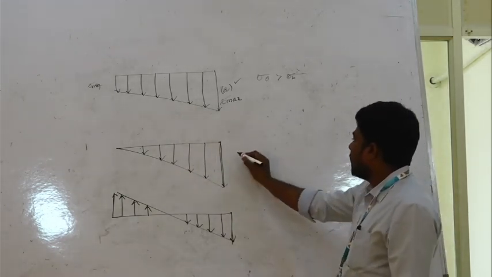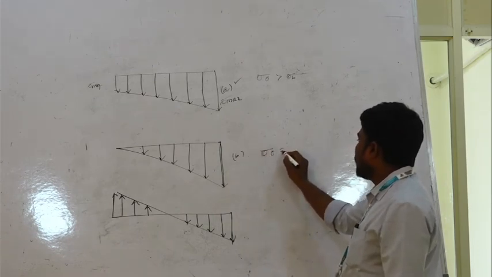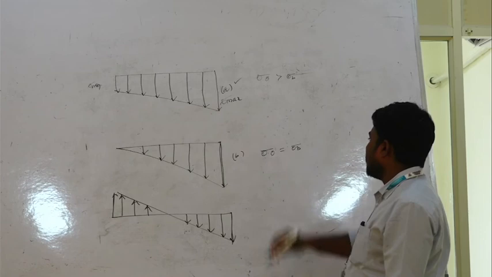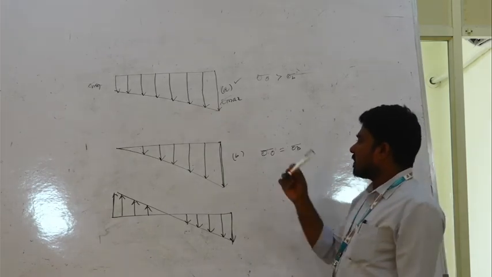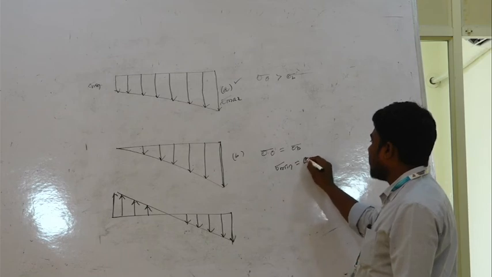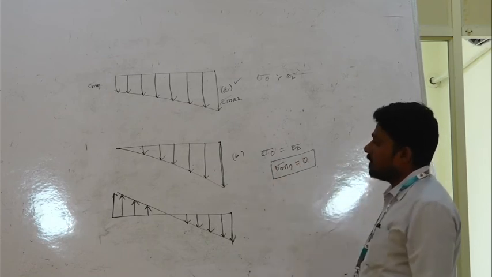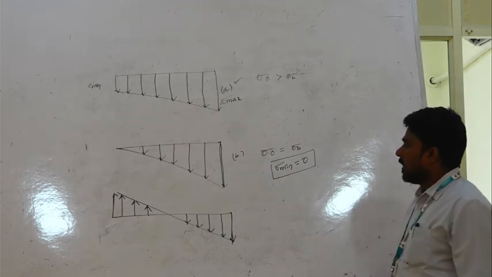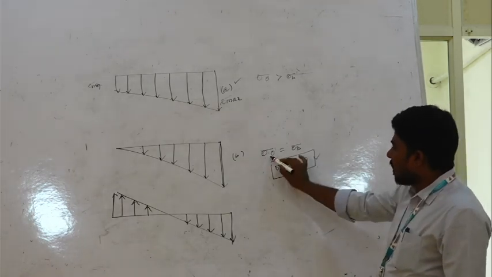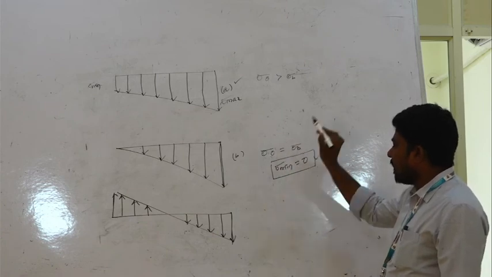The next diagram: sigma naught equal to sigma B. That means the resultant minimum stress is 0. Sigma naught means direct stresses are equal to bending stresses.